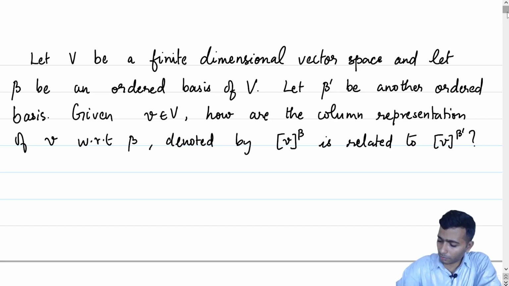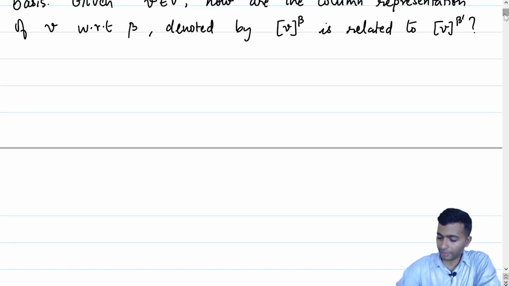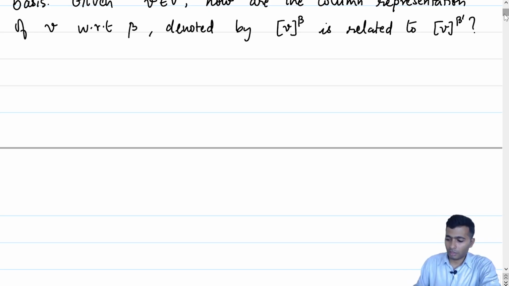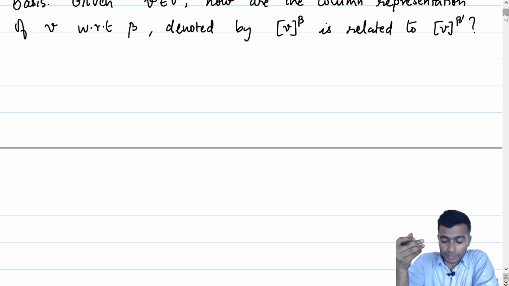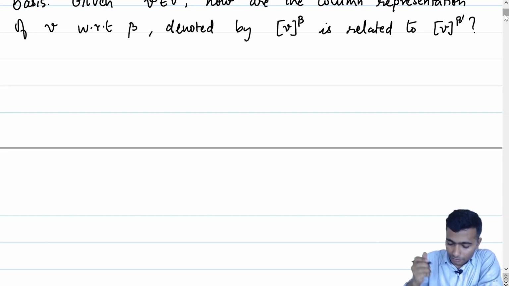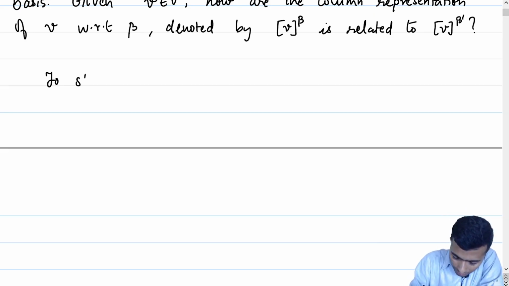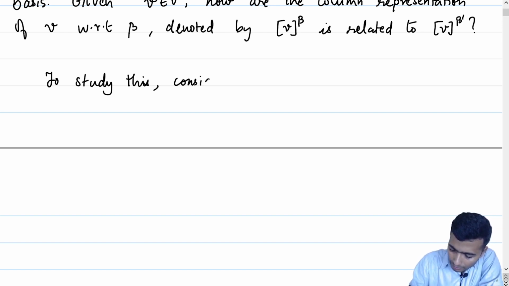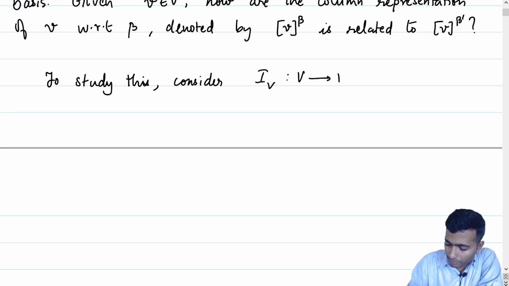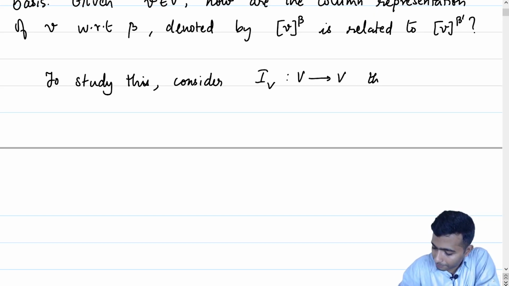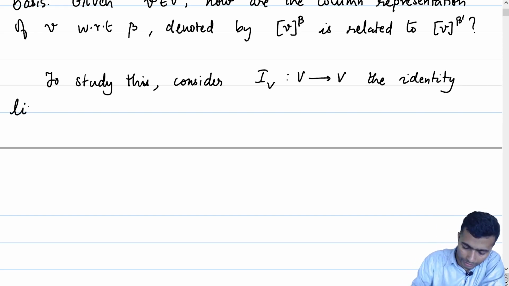So in order to study the relationship between V beta and V beta prime, what we will do is consider the most natural linear transformation we can think of, which is the identity linear transformation. So to study this, consider IV, which is from V to itself, the identity linear transformation.